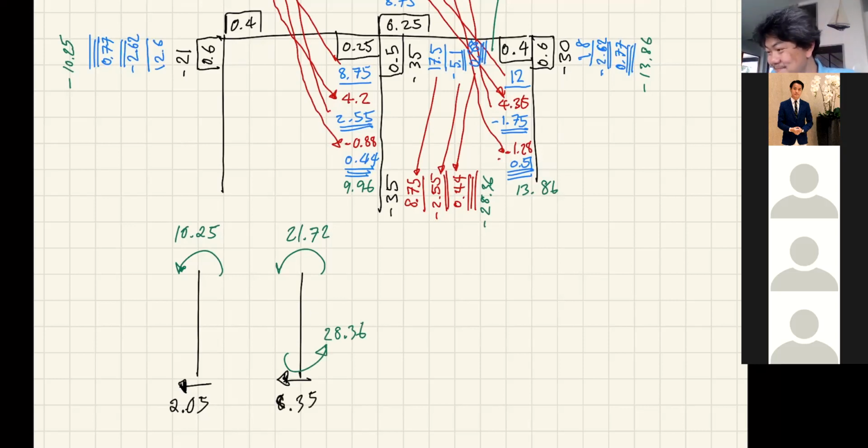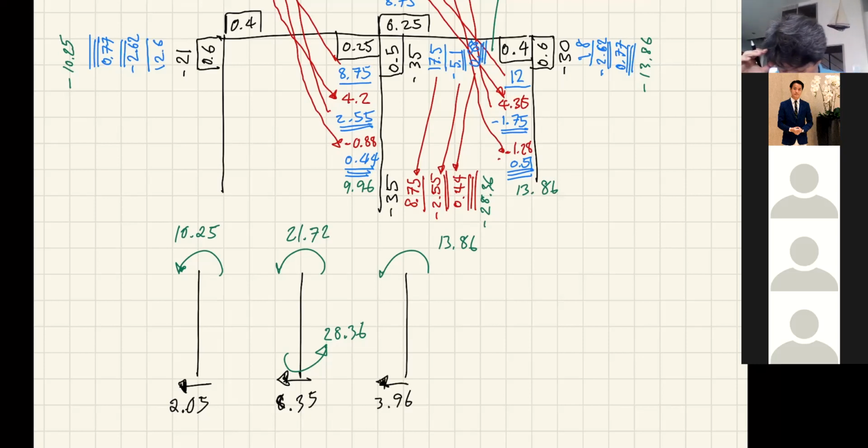And the last one, okay, this one. Again, counterclockwise, 13. Oh, sorry. Be consistent so that you guys can have something better to look at. 13.86. And the moment is therefore giving us the shear to the left. That's 3.96.